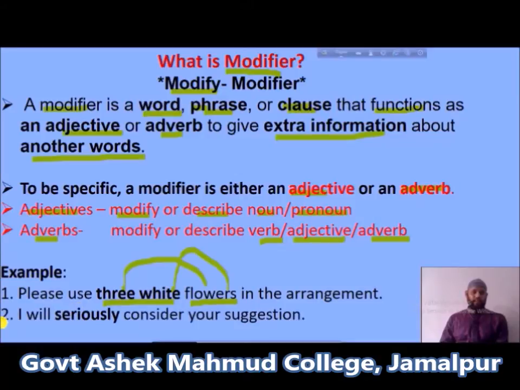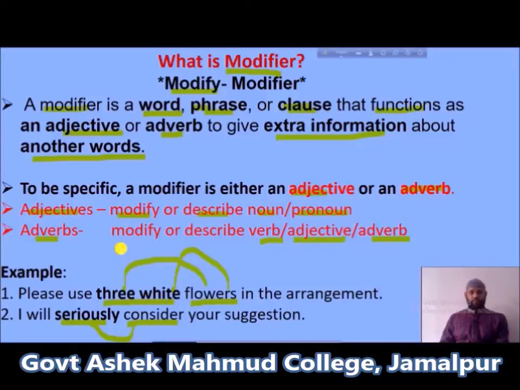And in the second example, I will seriously consider your suggestion. Here consider is a verb and seriously is an adverb because this word seriously is describing the verb consider. So now I think it's clear to you that all the modifiers function as adjectives or adverb.